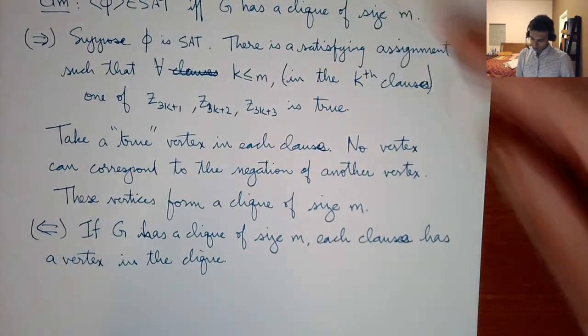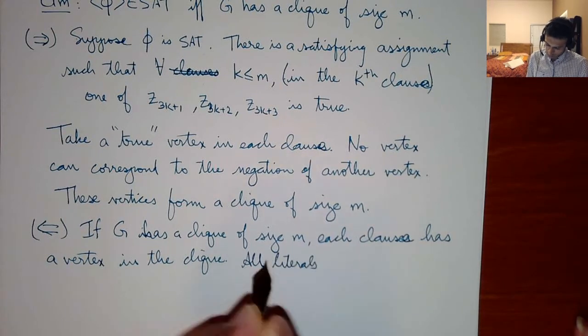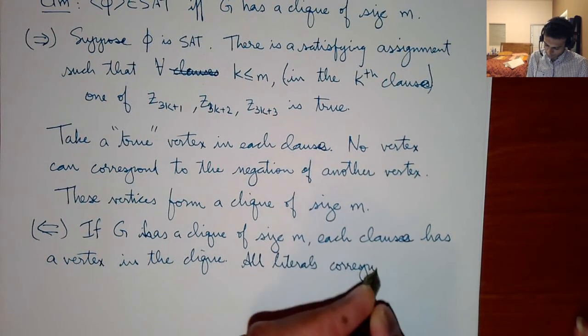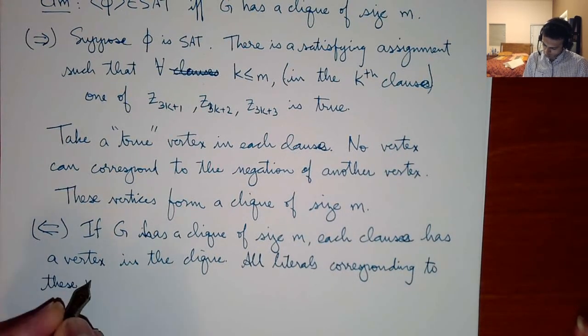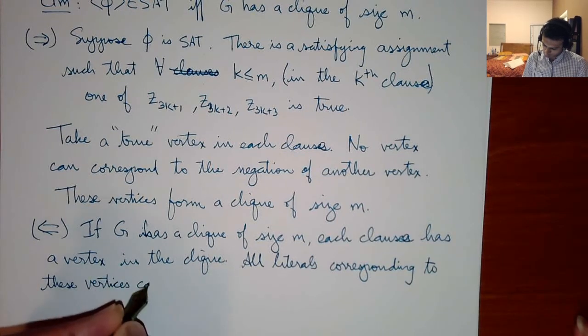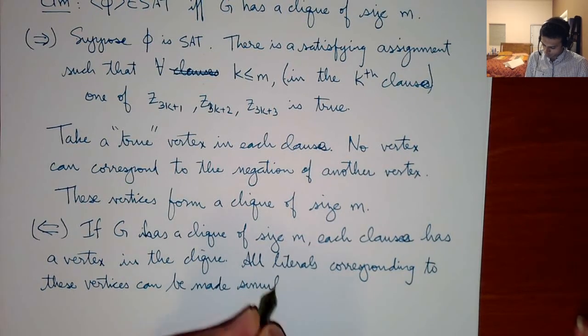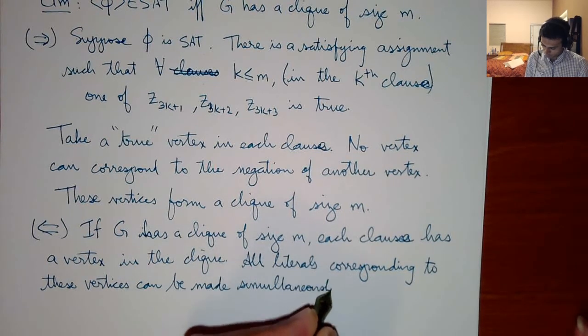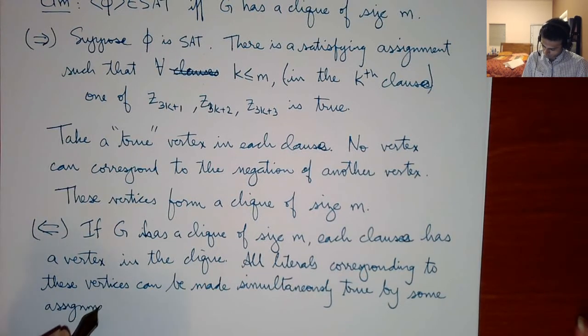Each clause has a vertex in the clique, and all literals corresponding to these vertices can be made simultaneously true by some assignment, and hence phi is in SAT.